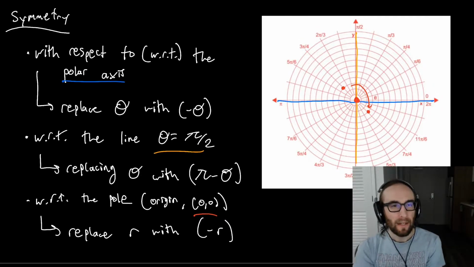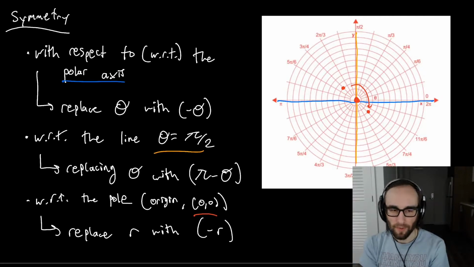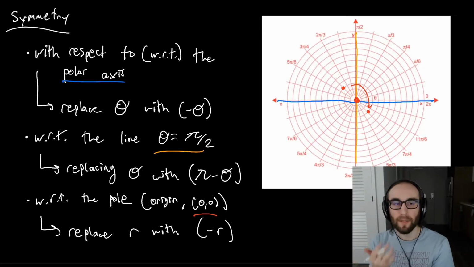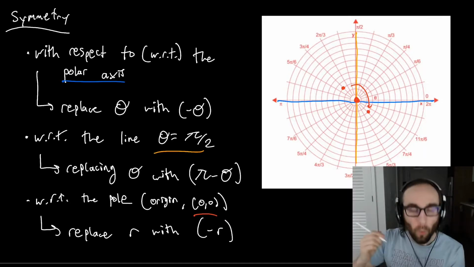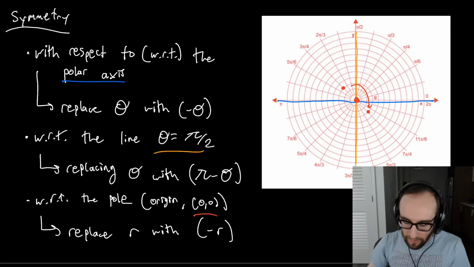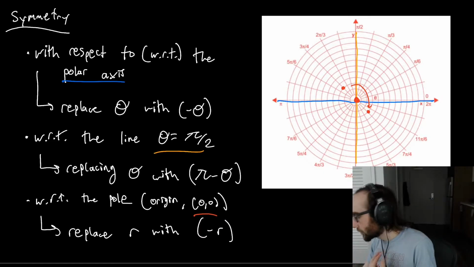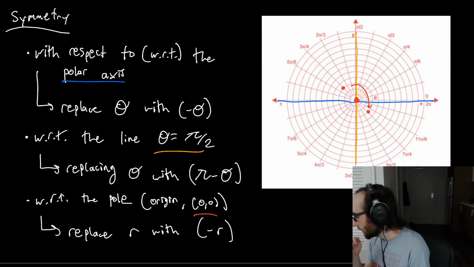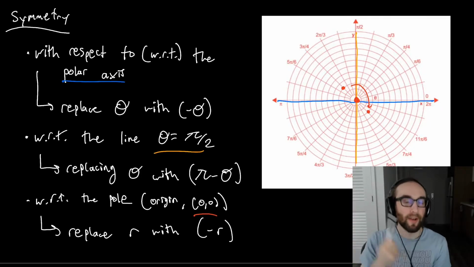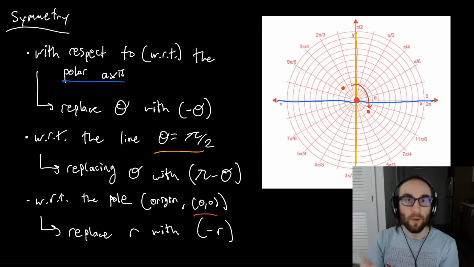Okay, I want to take a look at a couple of examples. First, let's talk about symmetry across the pole. One quick example that we can look at is the equation of a circle. We know a circle is going to be symmetric across the pole, specifically a circle centered at the origin.